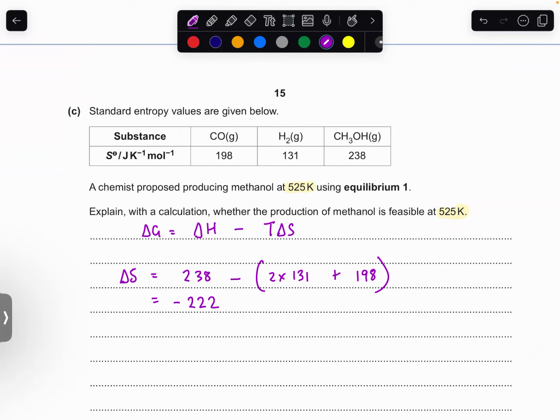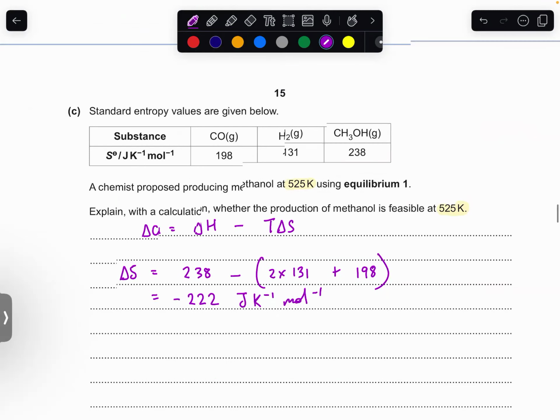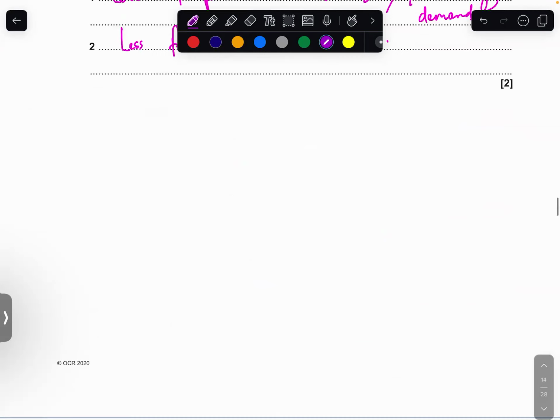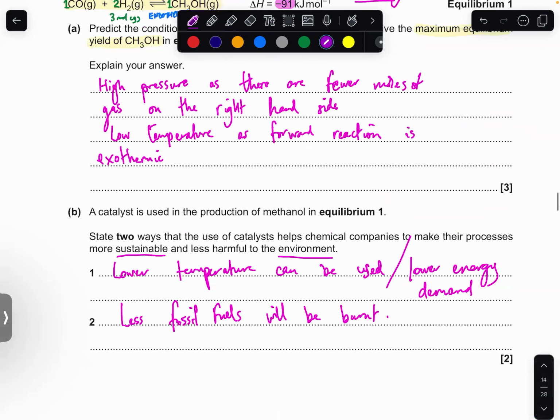Remember, this is in joules per Kelvin per mole. So when we're using it in the expression above, we're going to need to convert the joules into kilojoules. Delta H is given in the question, minus 91.